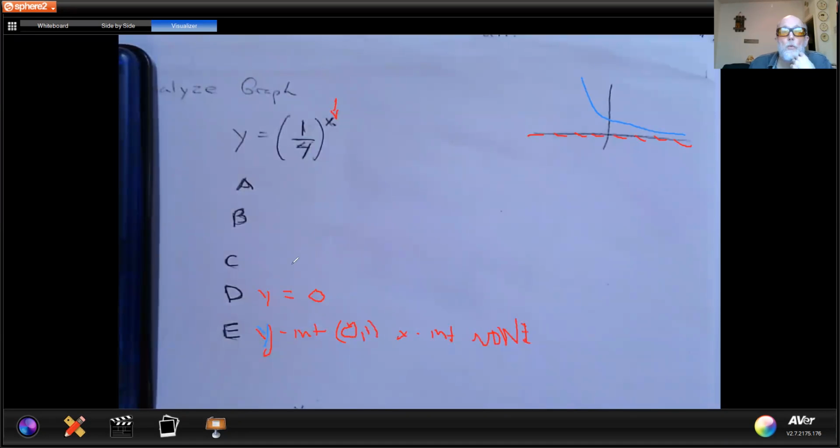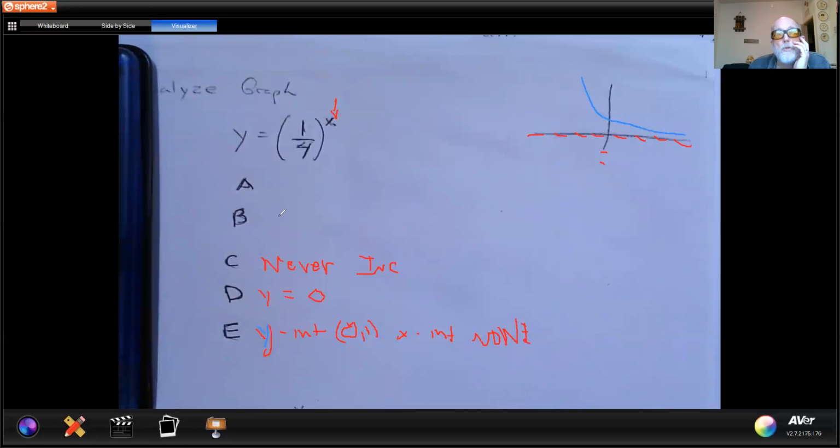And then where is this thing increasing? It's never increasing. Look at it. It's going downhill the whole time. If I was driving my car on this blue road, I'd be going downhill. Never increasing. What's the range? Well, there are no negative numbers in the picture, none at all.